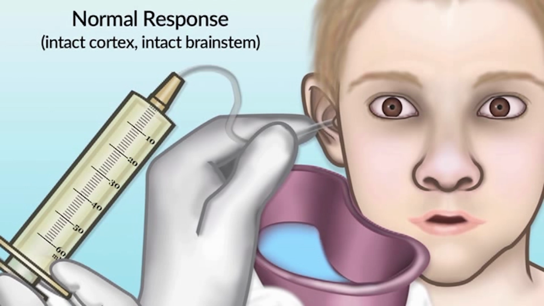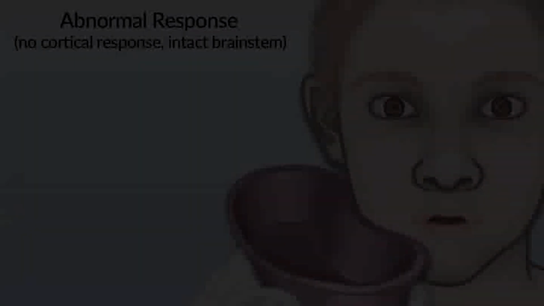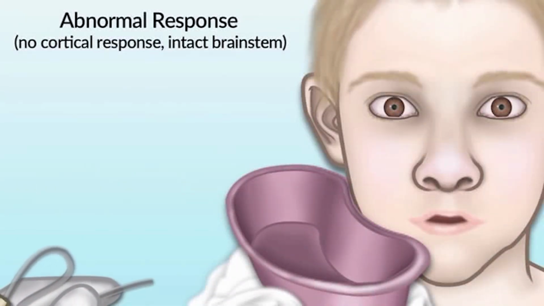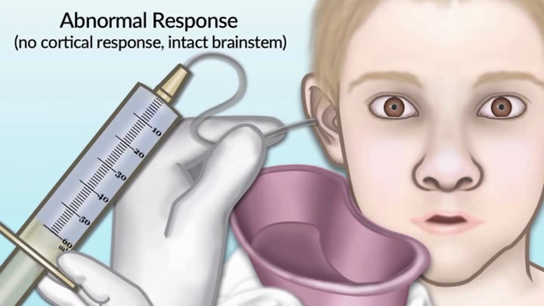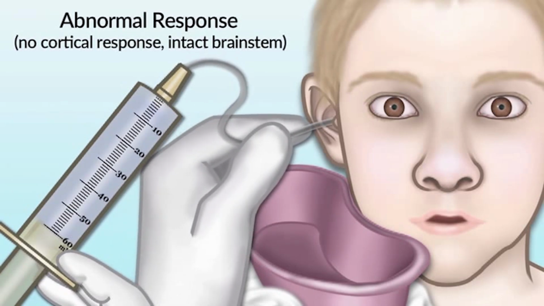After instilling cold water into the ear, you may need to wait 90 to 120 seconds to observe for any response. For patients in which there is a lack of cortical response based on earlier tests, the brainstem may still be intact.